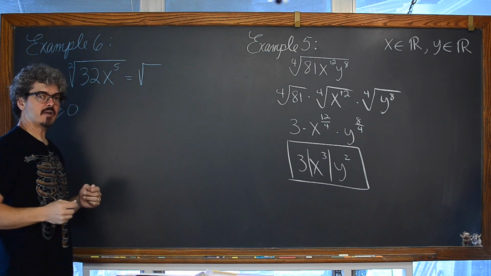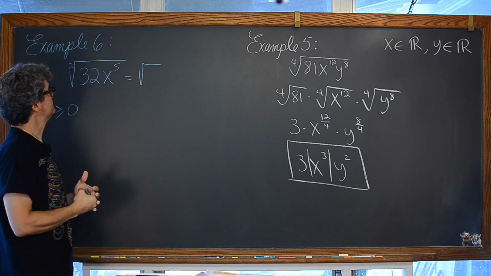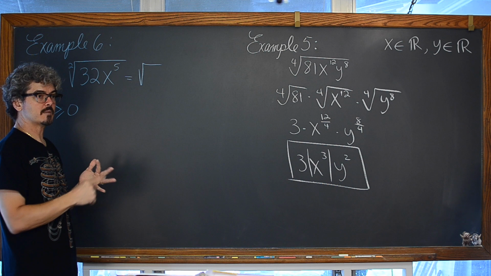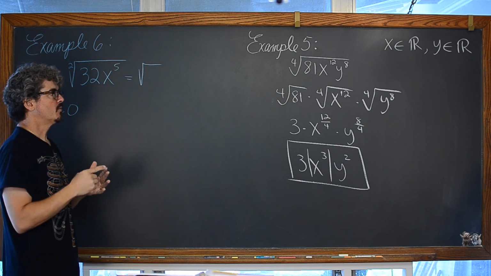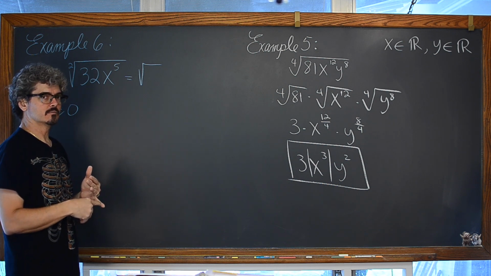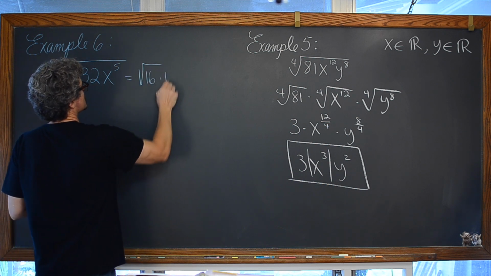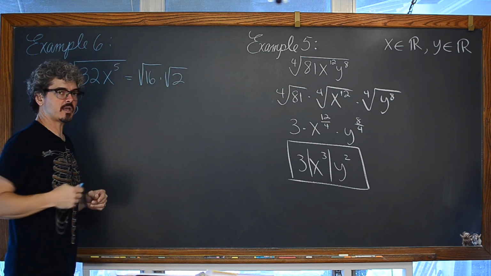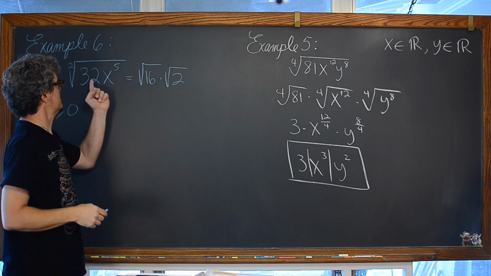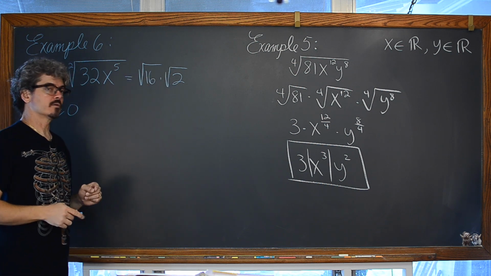What's the largest factor of 32 which is a perfect square? It's not 4. 4 times 8 is 32, but within 8 we have another factor of 4, so it's actually 16. So we're looking at the square root of 16 times the square root of 2, using that multiplication property of radicals.